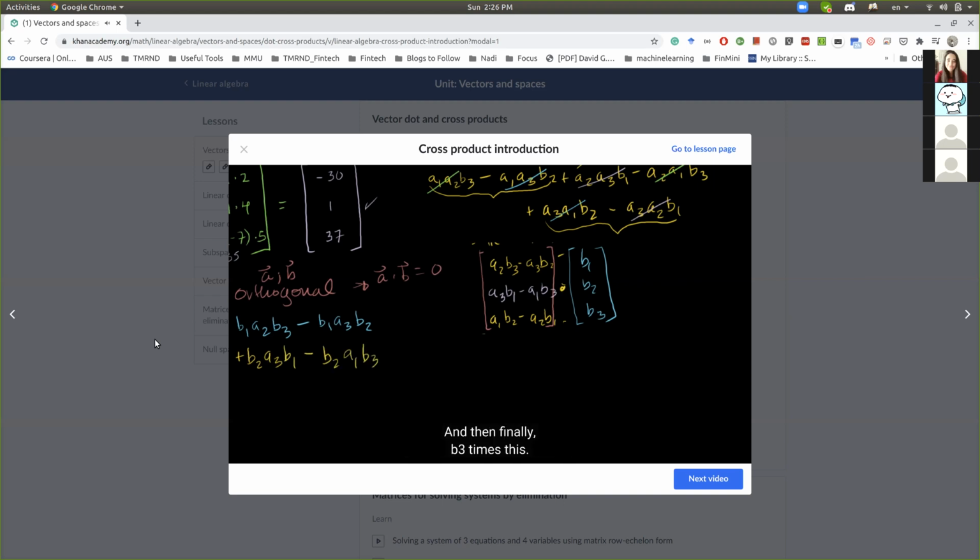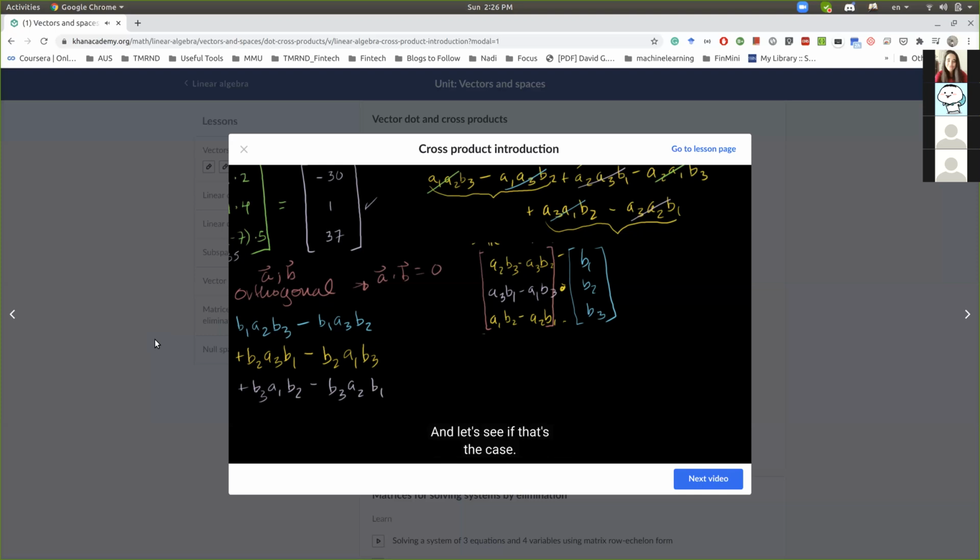And then finally, B3 times this. So plus B3, A1, B2 minus B3, A2, B1. So if these guys are definitely orthogonal, then this thing needs to equal 0.